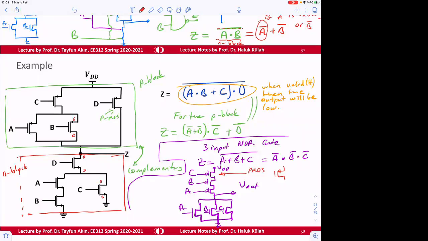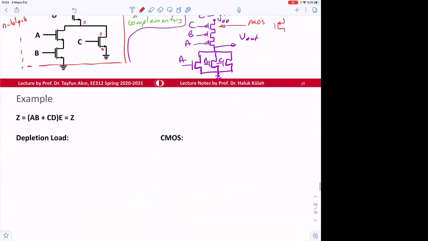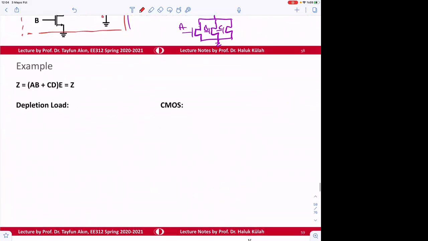Okay, so just, as a homework, please do this. Or this is the example, not the homework, right? So let's do this one.